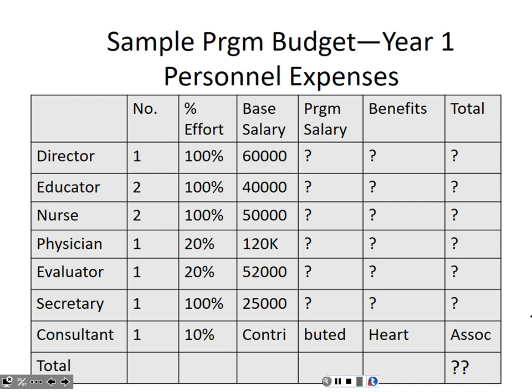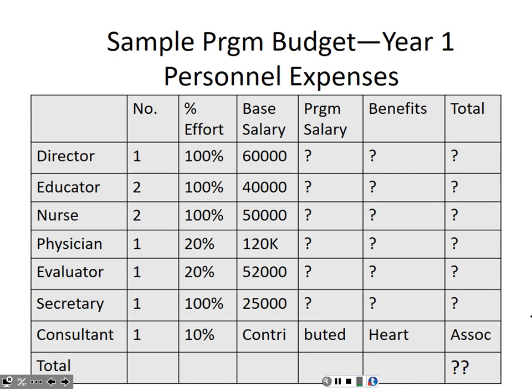So again, their full-time pay is going to be lower than the director. Okay? The nurses will vary depending on whether you want an LPN or an RN. Okay, so we have to make sure we specify what kind of qualifications we want, because that determines the base salary.